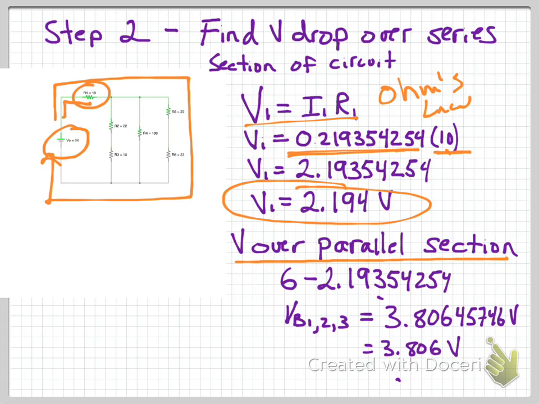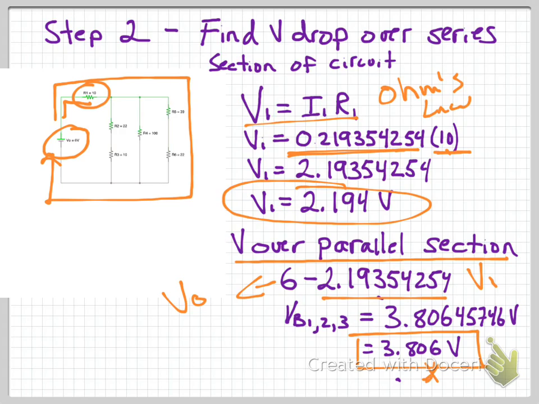So we're going to use our 6 volts, which is our total voltage, and subtract the voltage across V1, which we just calculated. And we're going to come up with that 3.806 volts. Now, the rule for a parallel section is that each branch will have the same amount of voltage.